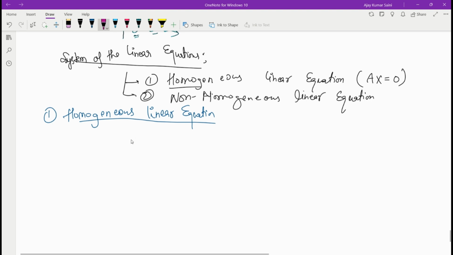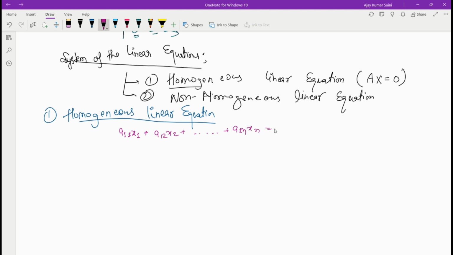So I can write a11 x1 plus a12 x2, plus till a1n xn. Because it is the first row, the first index is 1, and this is the nth column, so it is equal to 0.